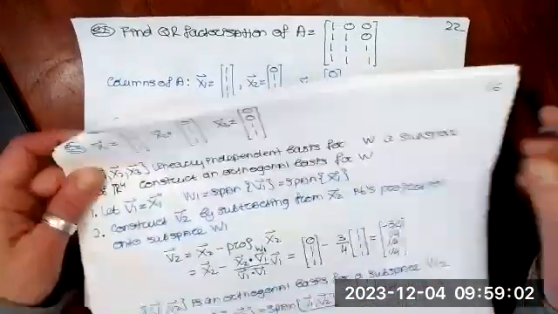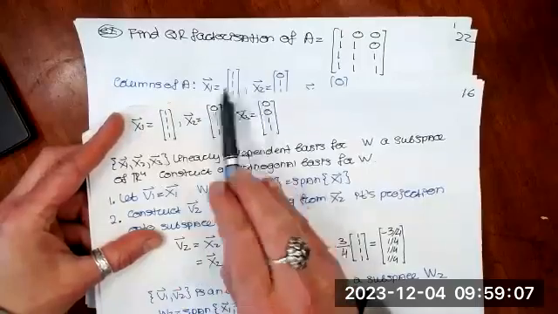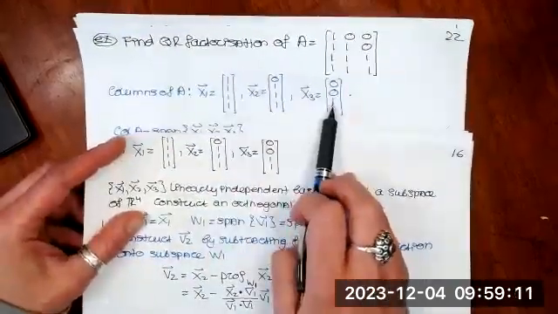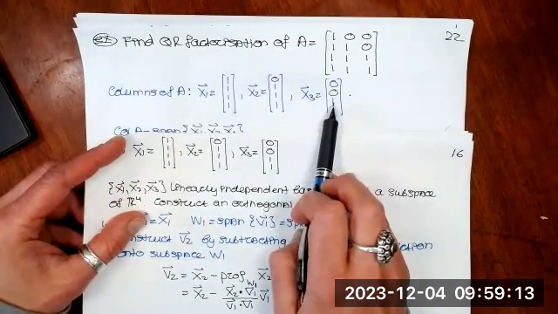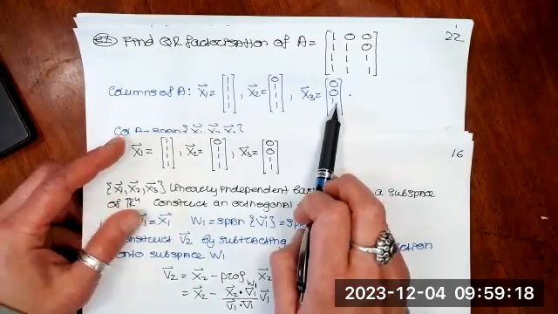We worked with those earlier. Those form a basis for the column space of A, but they're not orthogonal. They're not an orthonormal basis. So we need to construct an orthonormal basis out of those.